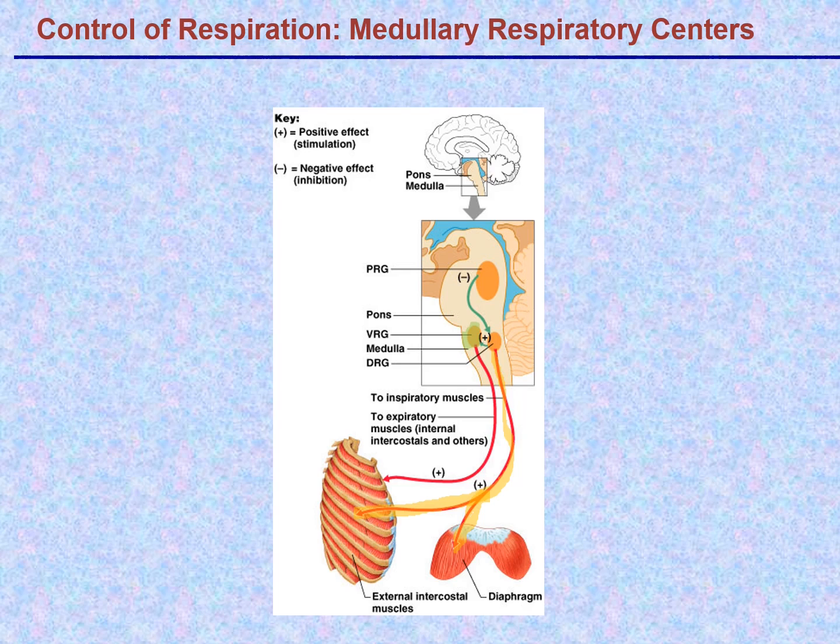And the VRG, which is involved in forced inspiration and expiration, sends signals out also to muscles, but here you have signals being sent out to expiratory muscles, both the internal intercostal muscles and other muscles that are involved.